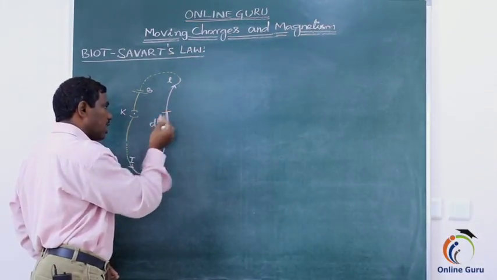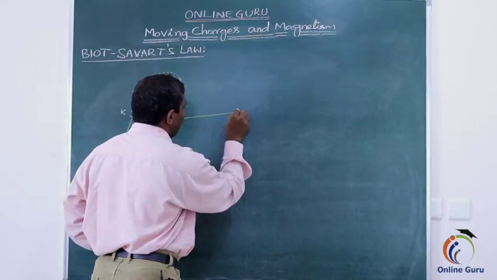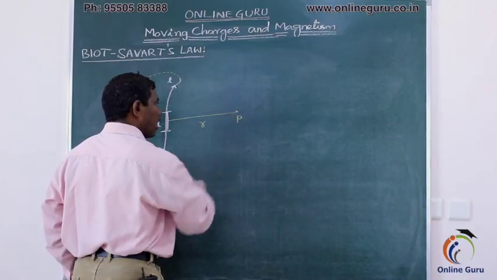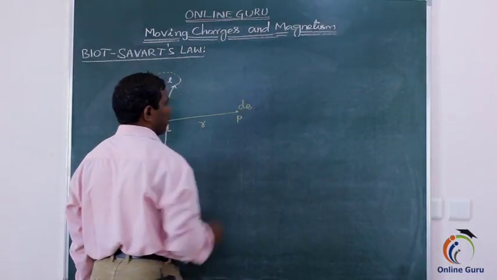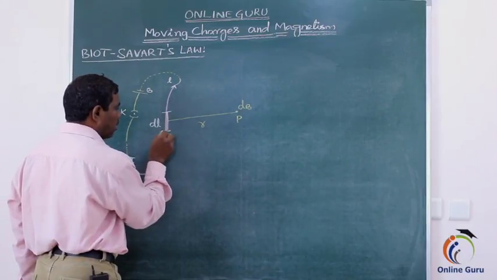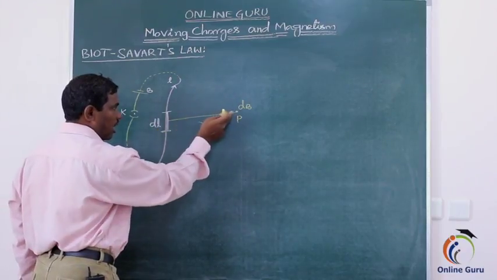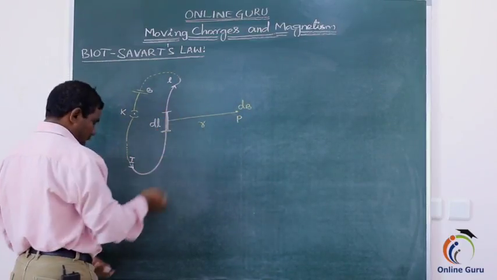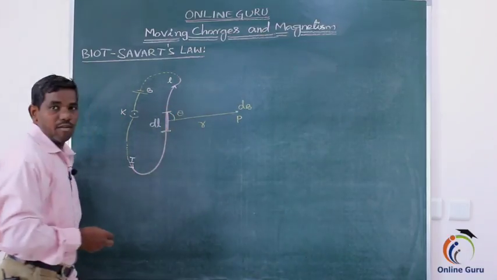From the current element dl, at a distance r from the point P, we can determine the magnetic induction dB due to the current element dl. The line joining the current element and the point P makes an angle theta with the current element.